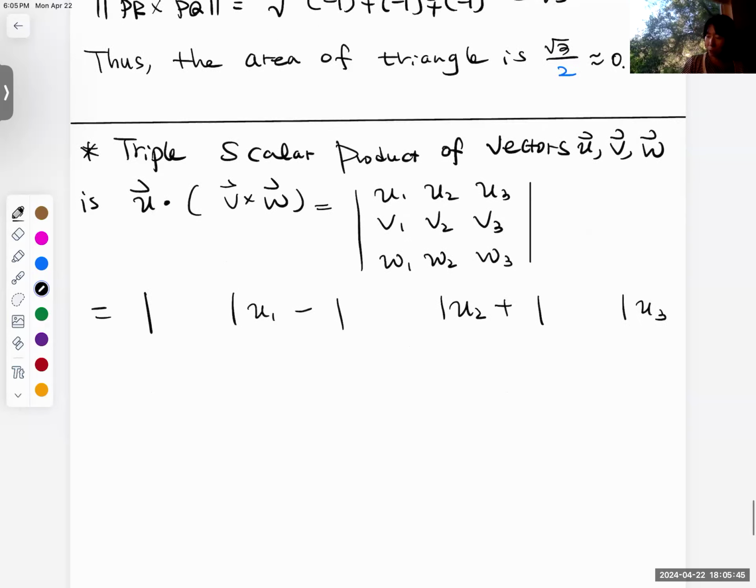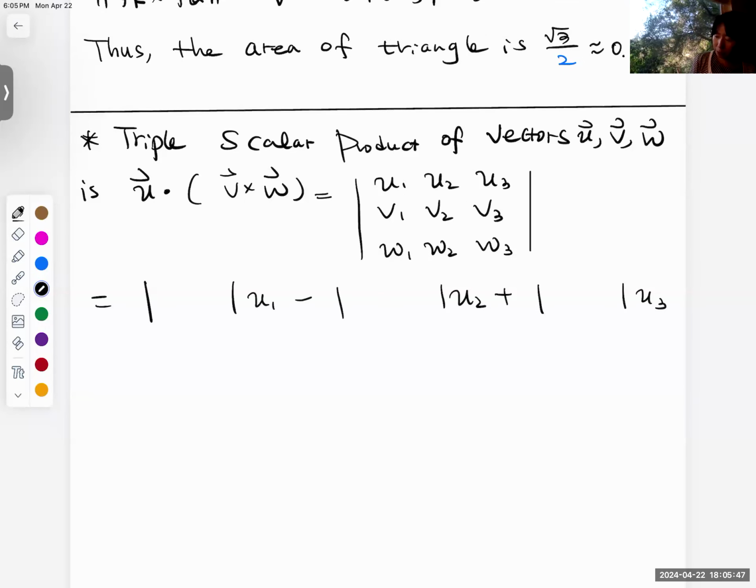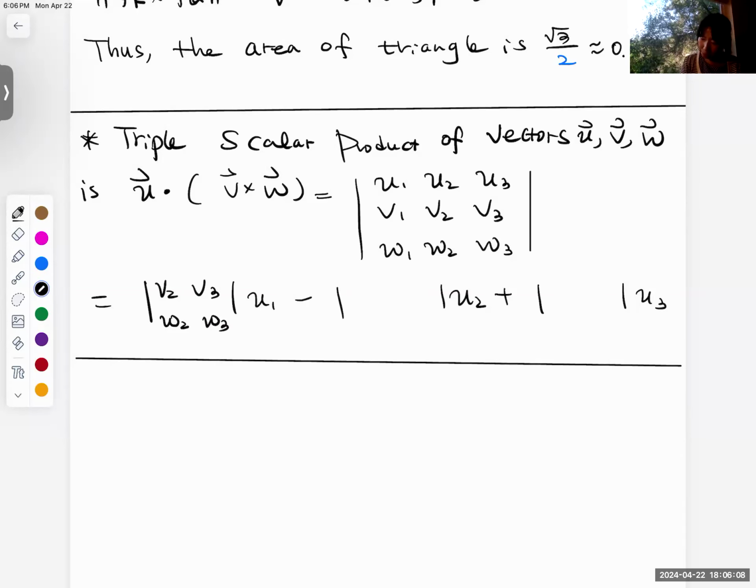Okay, so we do an example. Yeah, I should write down u sub 1 with the determinant of v sub 2, v sub 3, w sub 2, w sub 3. Then u sub 2 with v sub 1, v sub 3, w sub 1, w sub 3.